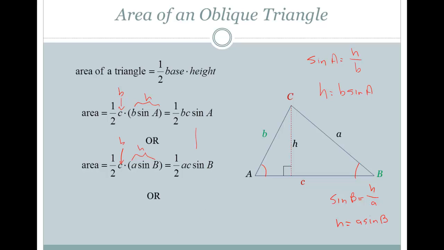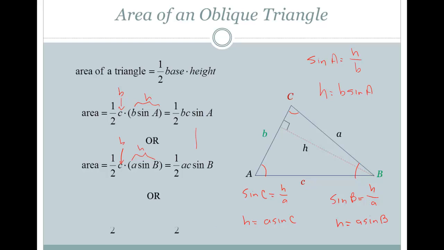I could have dropped a different perpendicular. If I draw this as my perpendicular, I can use angle C up here. The sine of C is equal to the opposite side, which is H, over the hypotenuse, which is A. So H is equal to A sine of C. And I could have used that, but this time my base would be B, because my base would be on this side.